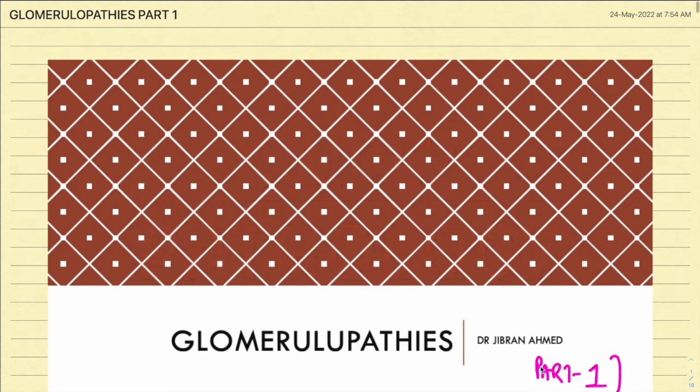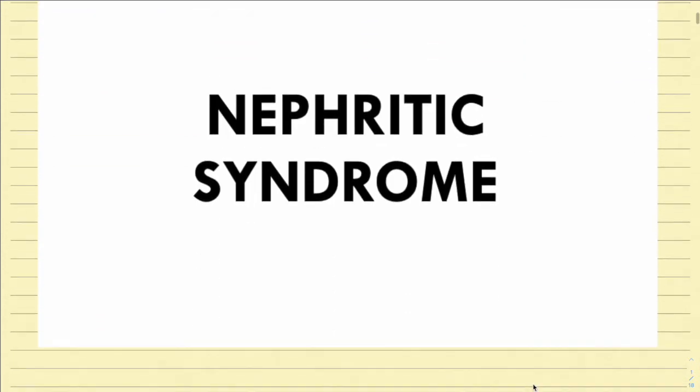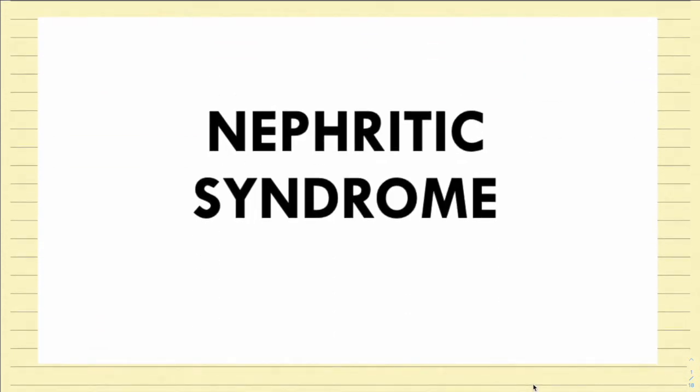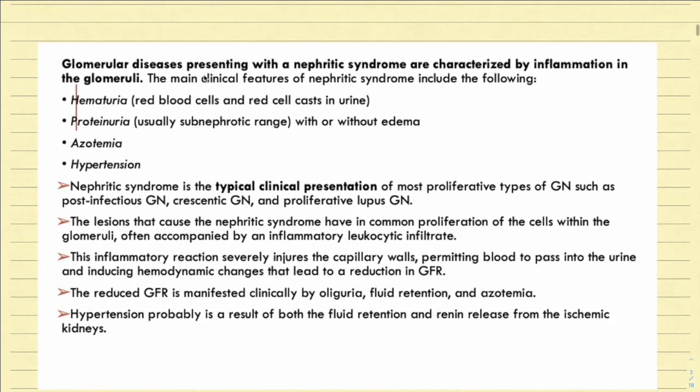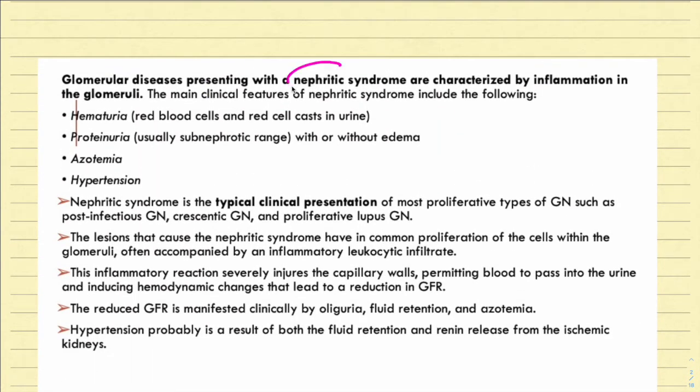We are going to discuss the individual glomerular diseases. First, very important, we are going to study some disorders which characterize nephritic syndrome. So which are the glomerular diseases presenting with a nephritic syndrome? All of them are characterized classically by inflammation in the glomerulus.